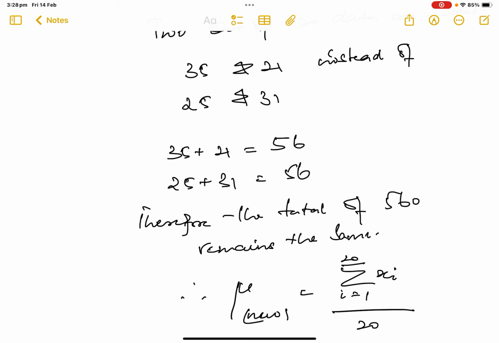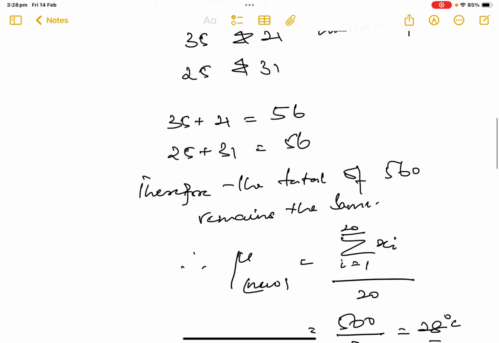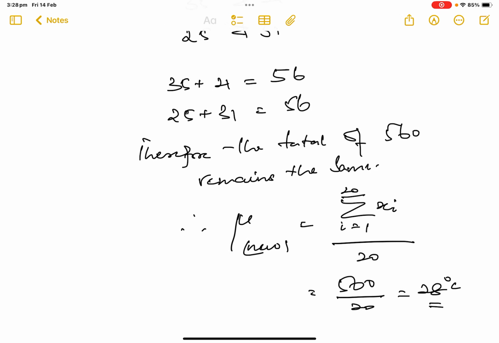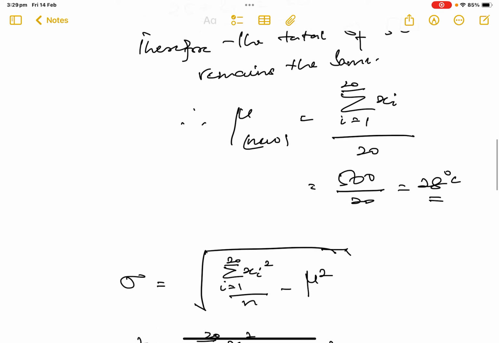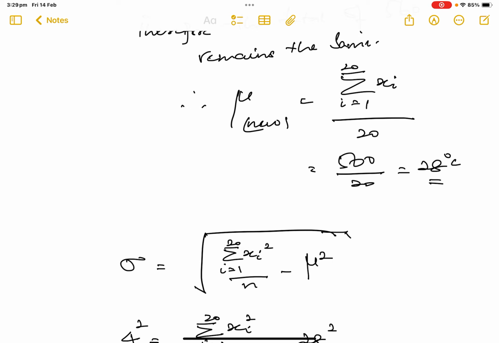The two errors added together are 56, and the corrected temperatures added together are 56. Therefore the total is not changed. So the mu, again, is the total over 20. I just put mu new: 560 over 20, that is 28. So the mu is still the same. I just keep it as mu new.